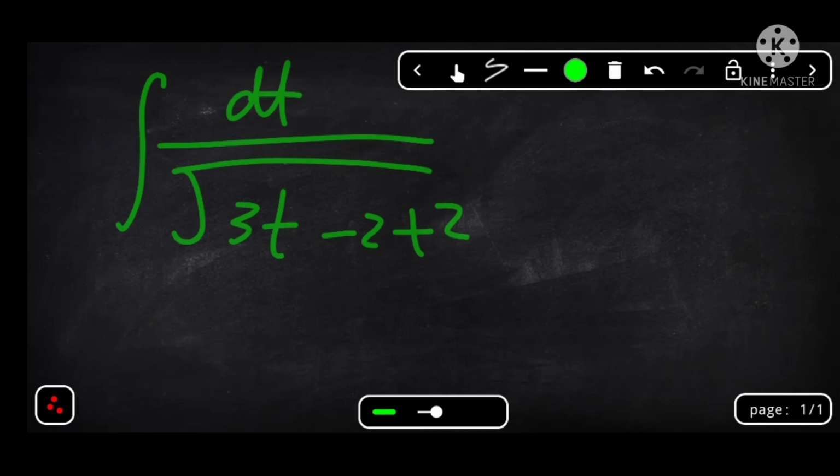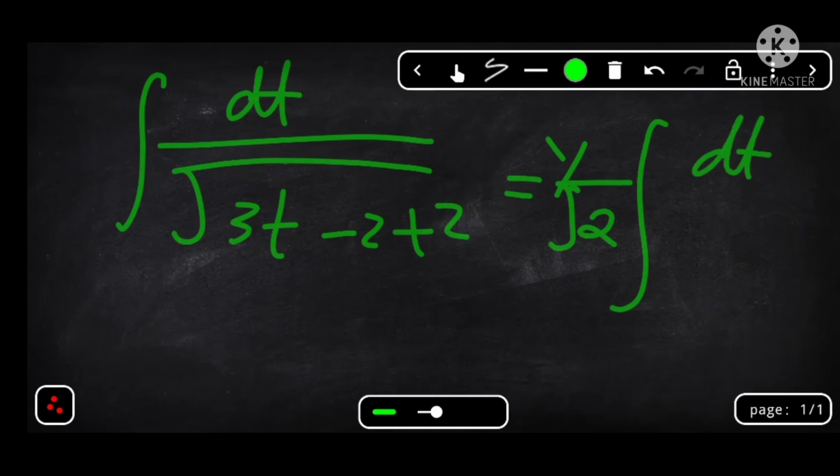So first of all, if we need to just reduce this term, our inside root we have 3t and 2t square, right? So suppose I am taking 1 by root 2 outside from this. Okay, what will be the remaining?